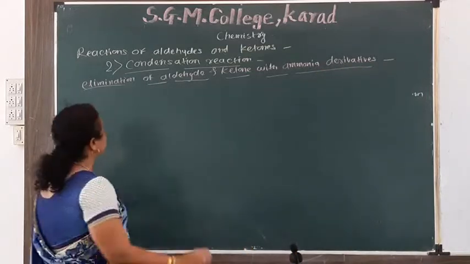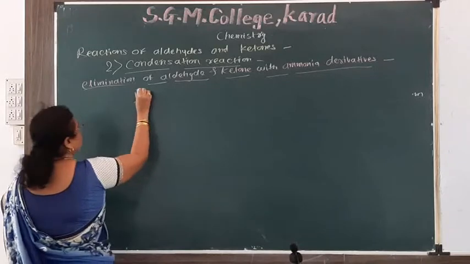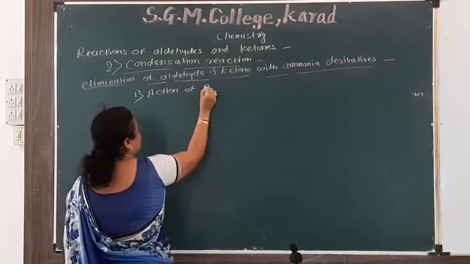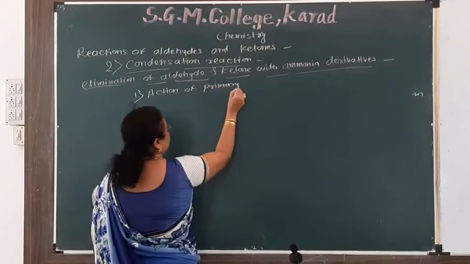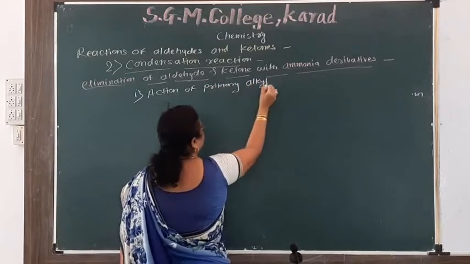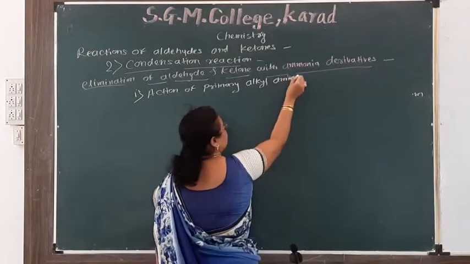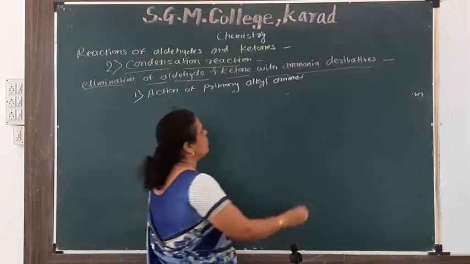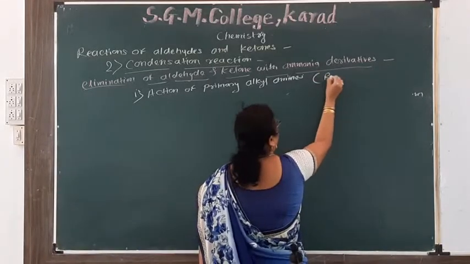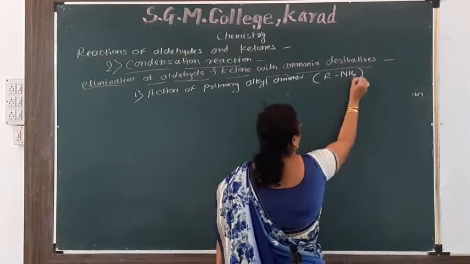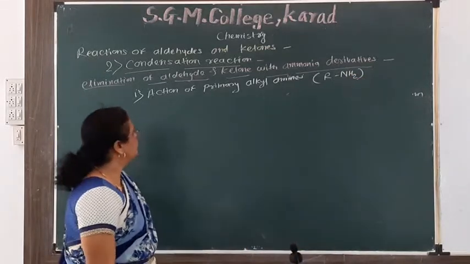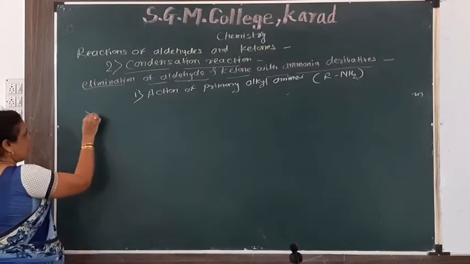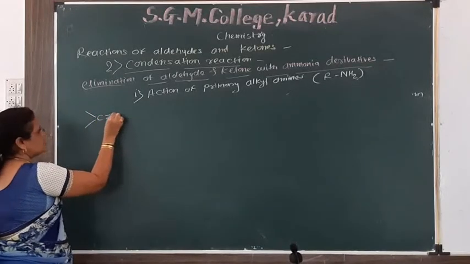In this case, first reaction is action of primary alkyl amines. Formula is RNH2. Primary alkyl amines. General reaction is taken, that is in case of aldehyde and ketone, both contain carbonyl group.